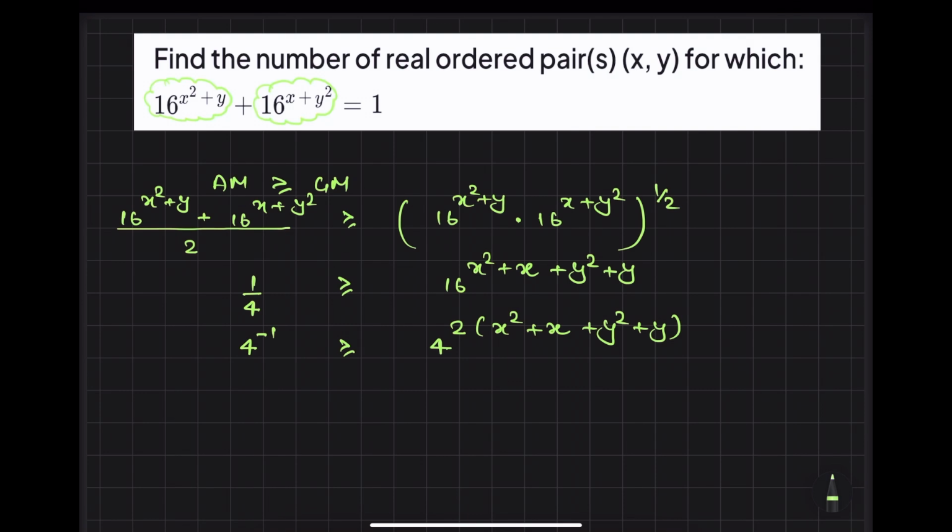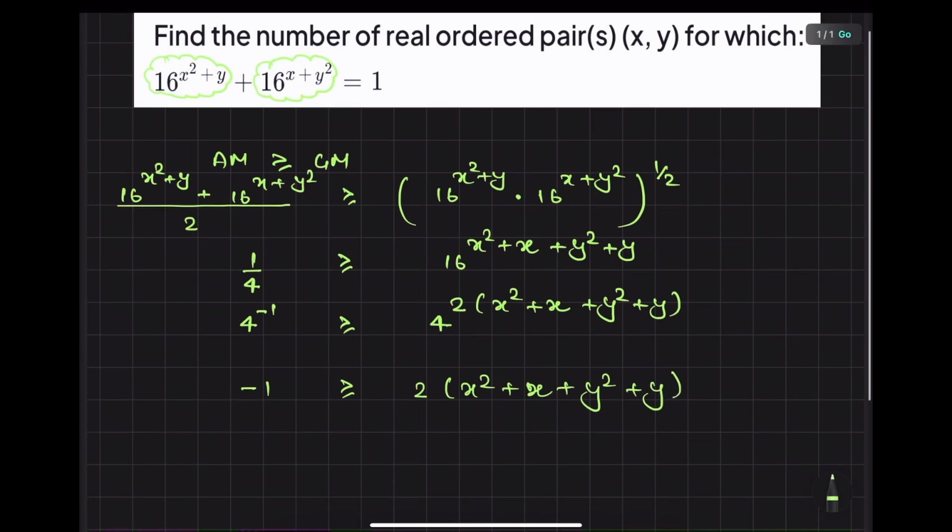Now you know that while handling inequality, we can remove the function, as it is an exponential function, a power x, and it is an increasing function. So if we remove an increasing function, it doesn't affect the sign of the inequality, correct? So we can remove this exponential function, and it will still be the same: minus 1 greater than or equal to 2 times x square plus x plus y square plus y.